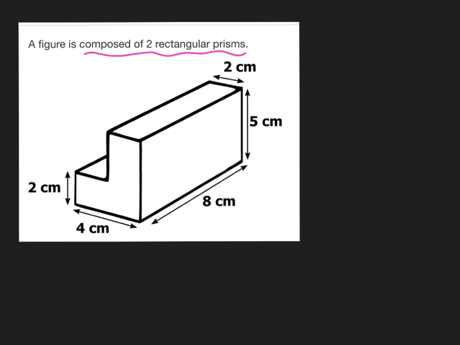So I'm going to decide to divide this shape up using a vertical line right here to divide those 2 shapes. So now we have this bigger box or rectangular prism right here.